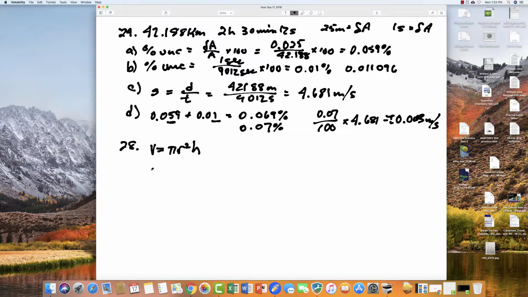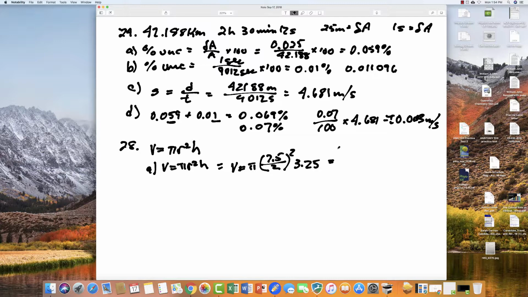So for A, volume of a cylinder is equal to pi r squared h, which is equal to the total volume of the cylinder. Now remember, the 7.5 they gave you is the diameter, so you have to take that divided by 2. So that's equal to pi times 7.5 over 2 squared times the height, which is 3.25.